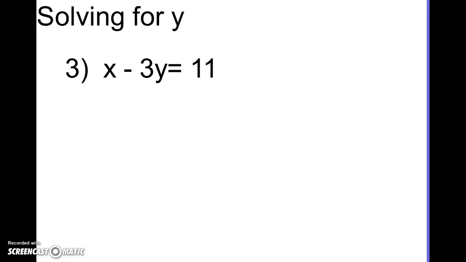Number 3 on tonight's homework, when we isolate y, we're getting rid of x and we're getting rid of 3. And that will leave us with just a y on the left-hand side.